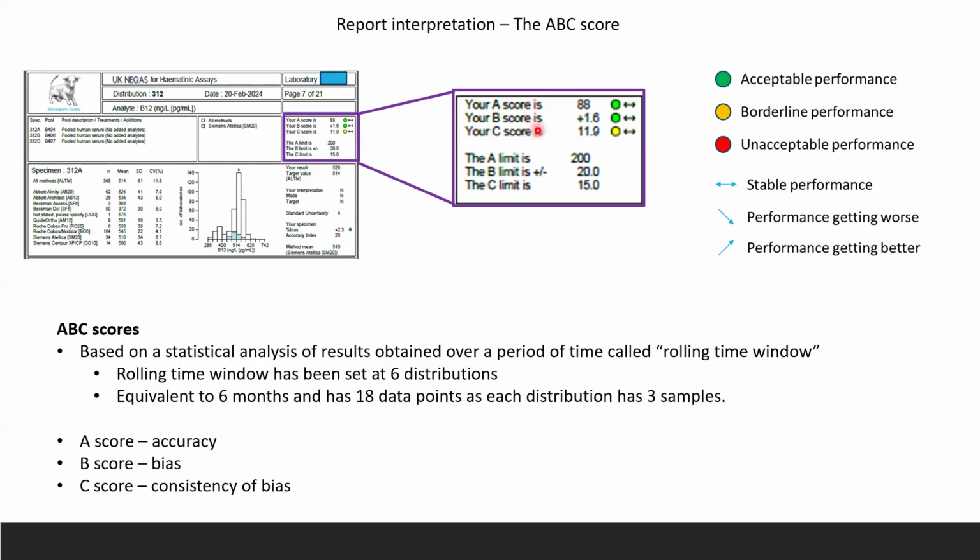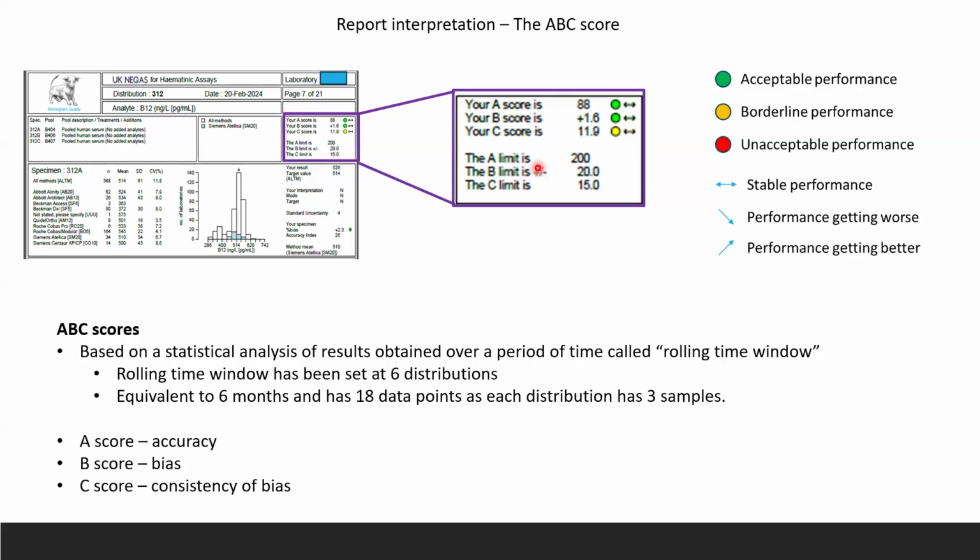So in this case, for example, for vitamin B, the acceptable variation in the B score is plus or minus 20%. However, if we have sodium, this acceptable percentage of variation is going to be much lower. For example, it's going to be tighter, plus or minus 5%. And this is due to the clinical implication that a higher bias may have on sodium result interpretation for the patient.